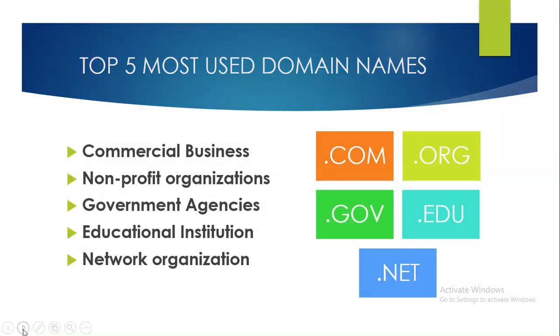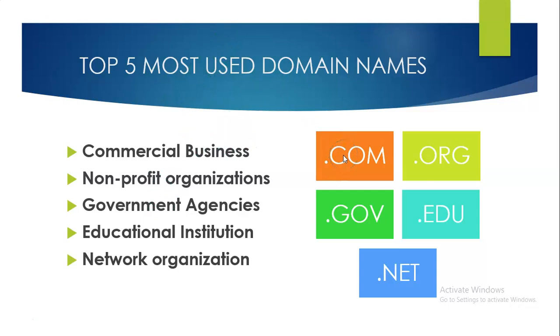Let's move on. Next is the top 5 most used domain names. Looking at what I have here, the first one is the .com domain name, and it's meant for commercial business. If you are selling online, or any commercial business, the best domain name for you is .com.